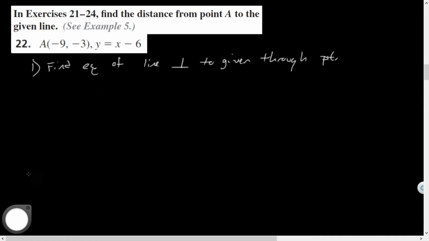So what do I need to do to find the distance from a point to the given line? The point is going to meet that line perpendicular. So I'm going to first find the equation of the line perpendicular to the given one and through the point. Step 2, I will find the intersection between the two lines.